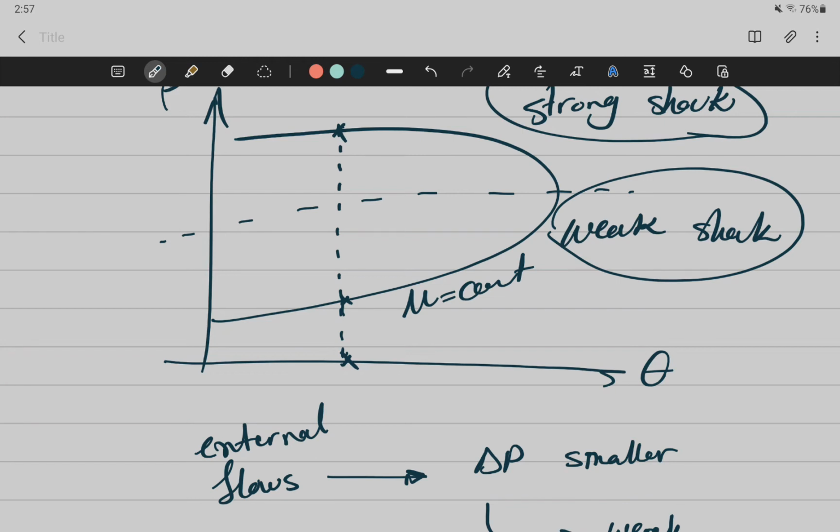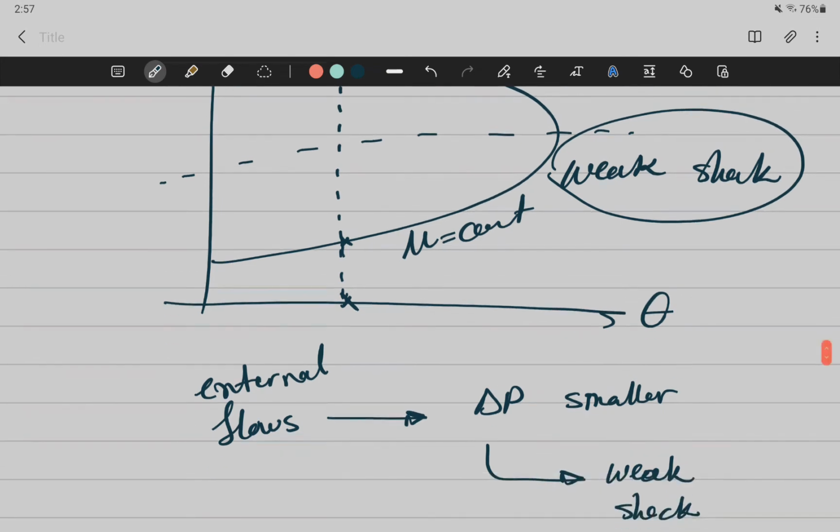The flow adjusts to a very high pressure. Okay? And vice versa in the weak shock wave, where we're going to have lower pressure, lower compared to a very high pressure. The pressure is going to be higher than before the shock anyway, right? But lower compared to a strong shock.